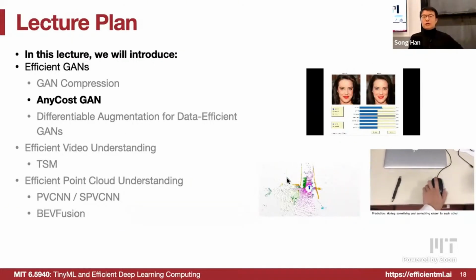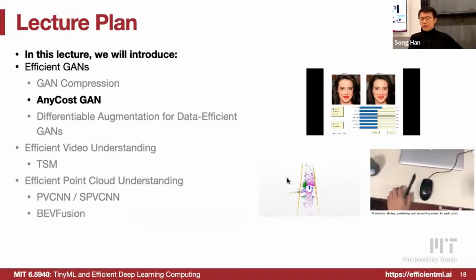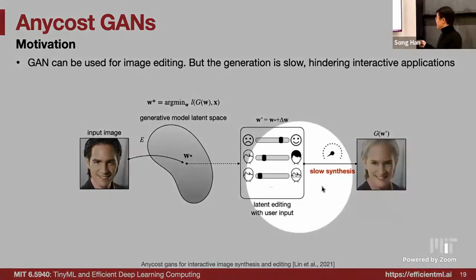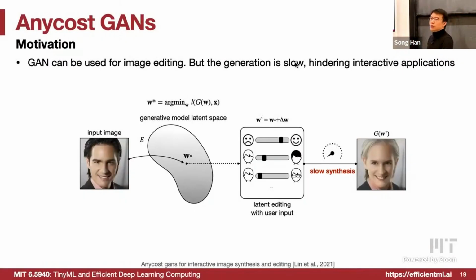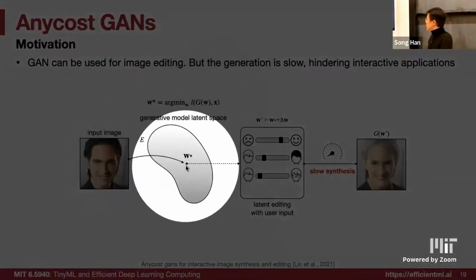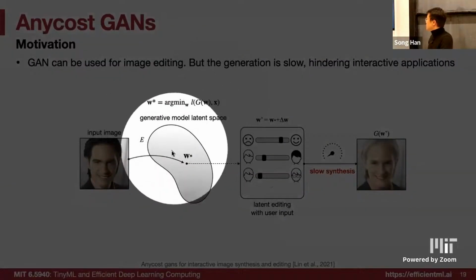Now let's switch gears to talk about Anycost GAN for image editing. So the motivation is that GAN can be used for image editing, but the generation is pretty slow, making it difficult for us to run this image editing interactively on our laptops, on tablets, etc. So the algorithm here is, given an input image, we want to project it into a hidden space, into a latent space.